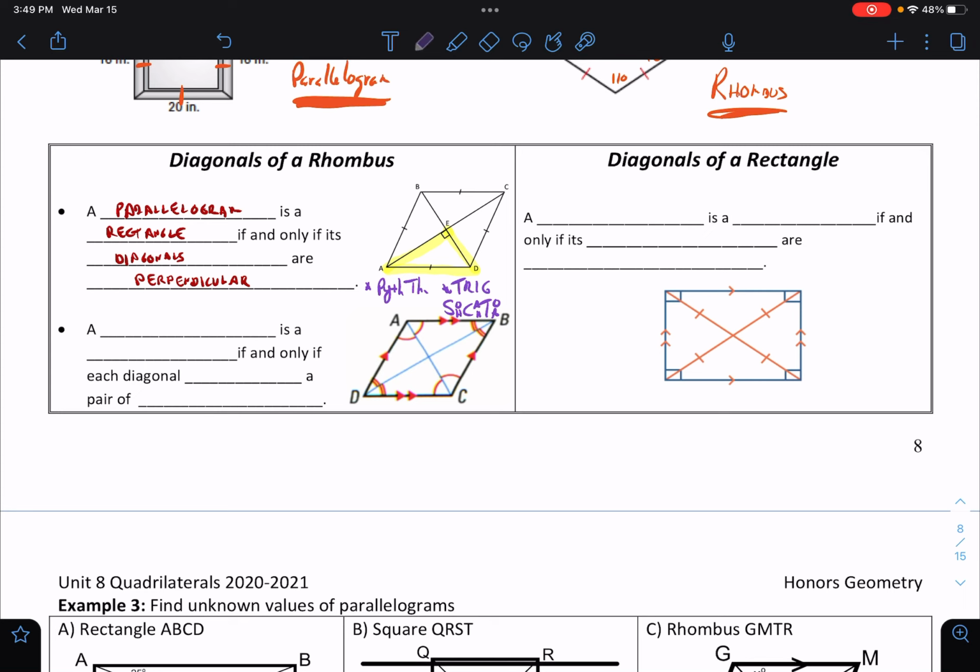All right, another thing that's specific to a rhombus is that a parallelogram is a rhombus if and only if each diagonal bisects a pair of opposite angles. So not only do the diagonals bisect each other, now they are also bisecting their opposite angles.